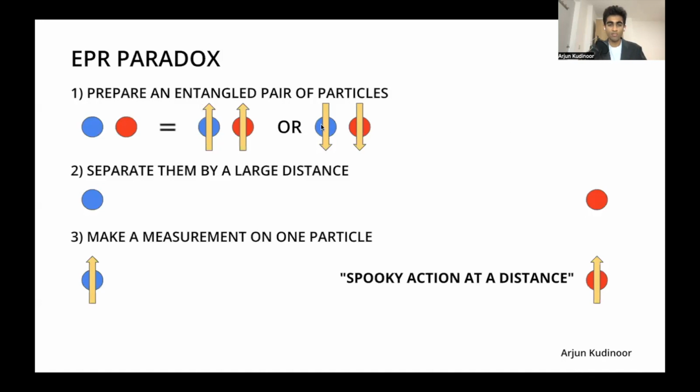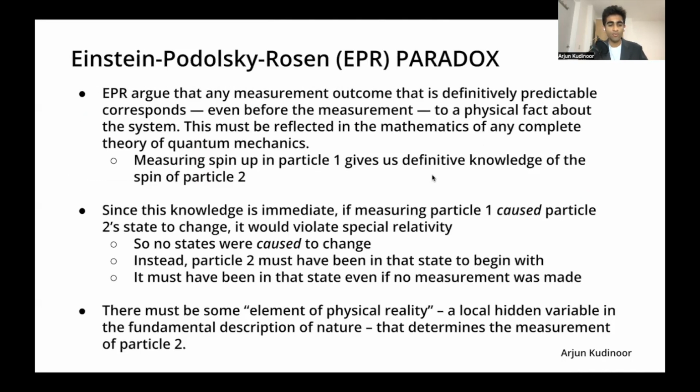Now, this system doesn't allow for that. It says that it can be up or it can be down. So the system doesn't encapsulate the fact that it must have been up to begin with. So EPR said that there must be some element of physical reality, what we call a local hidden variable, that determines the measurement of particle 2.